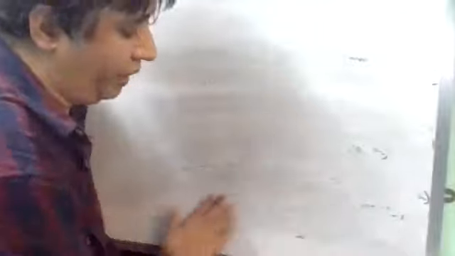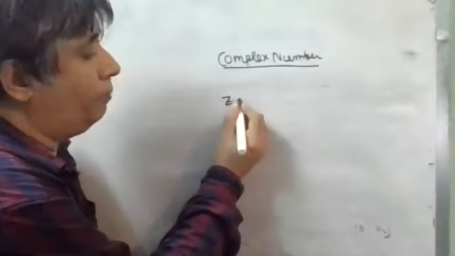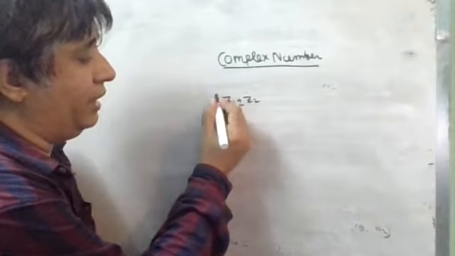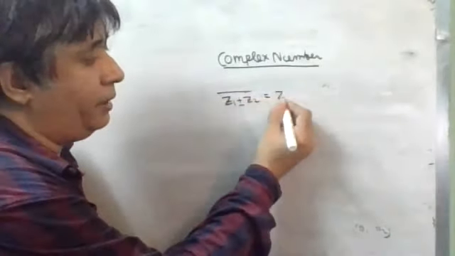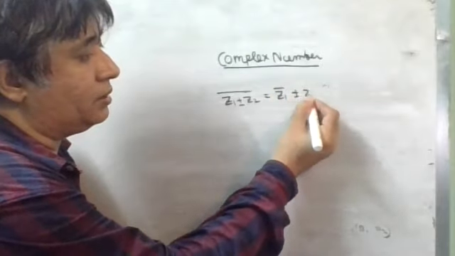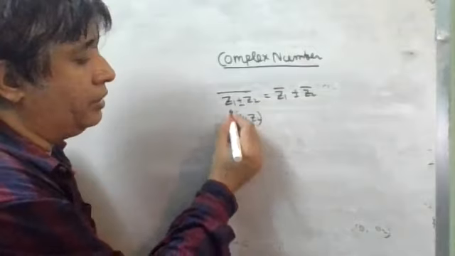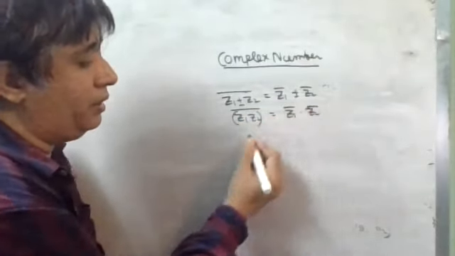What did we learn today? We learned that if the sum or difference of two complex numbers is taken with a bar on top, then it can be broken into two parts. It is true for the product, Z1 bar into Z2 bar.